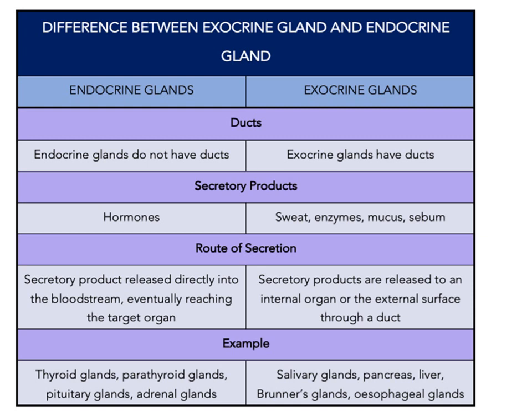Then the second point, about the secretory product. Endocrine glands will secrete hormones. And exocrine glands will secrete sweat, enzymes, mucus, sebum, even milk. These are all the things secreted by the exocrine glands. Next point, route of secretion. How will the secretion be taken?